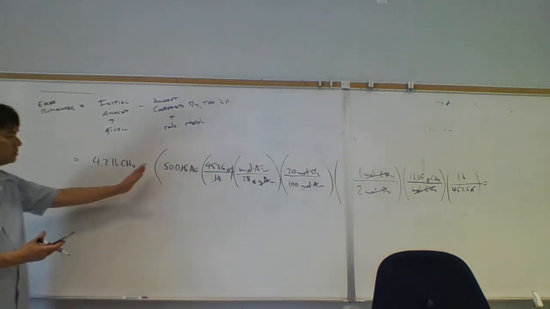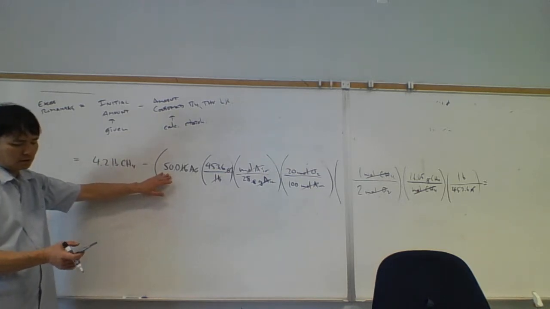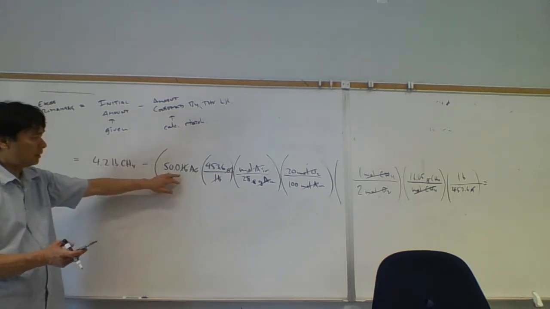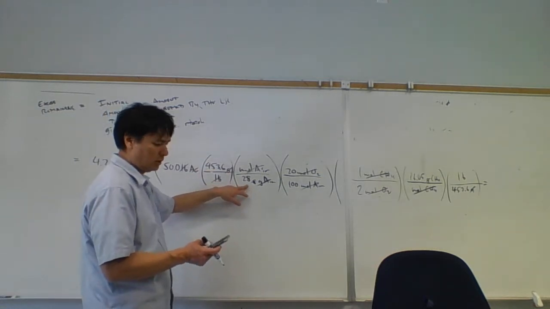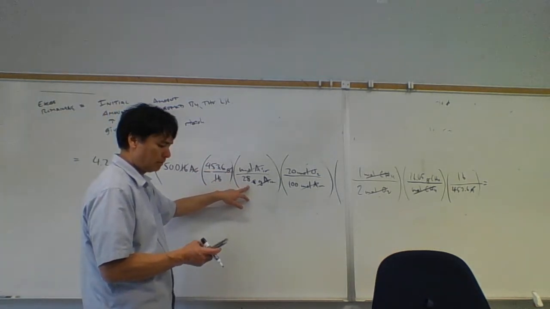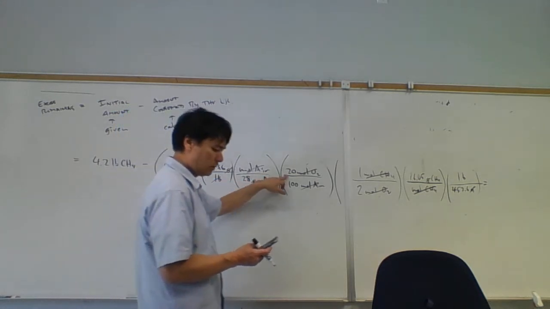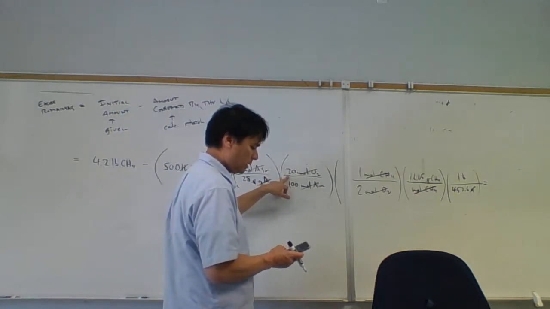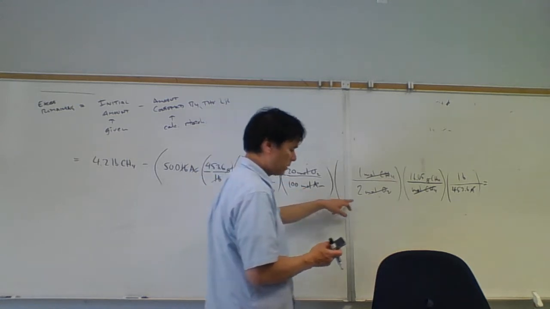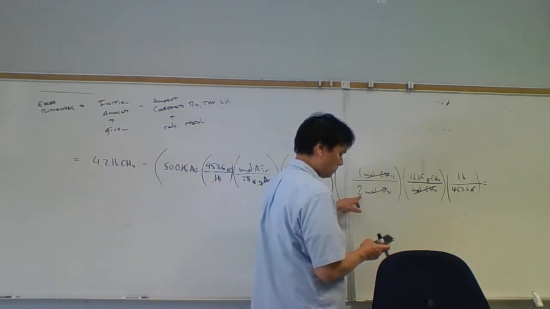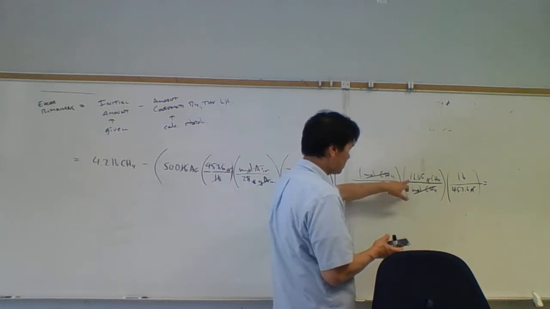So let's just do what's in the parentheses here first. So it's going to be 50 times 453 divided by 453 is just 1, divided by 28.8, times 20, divided by 100, divided by 2, times 16.05.